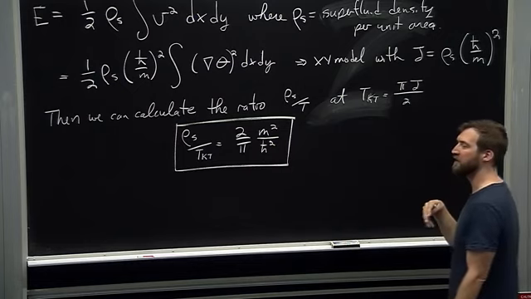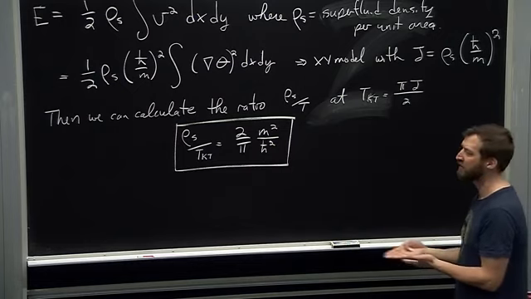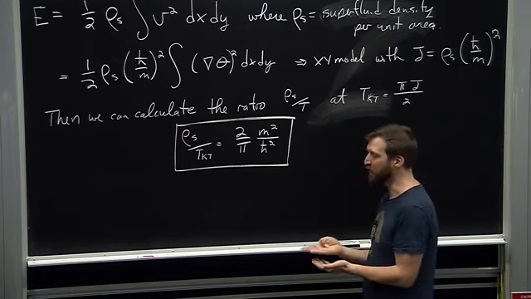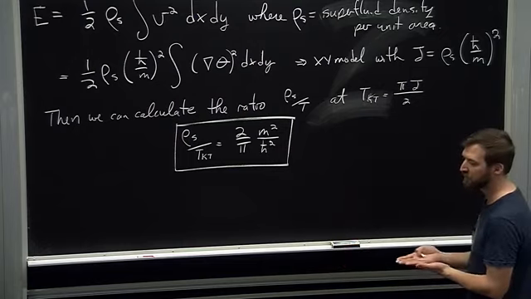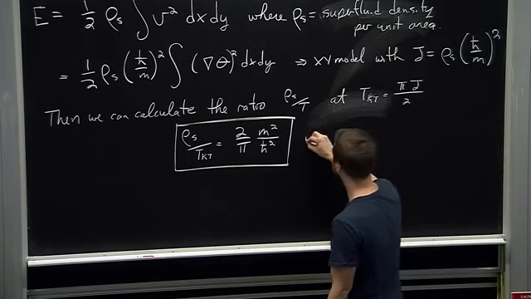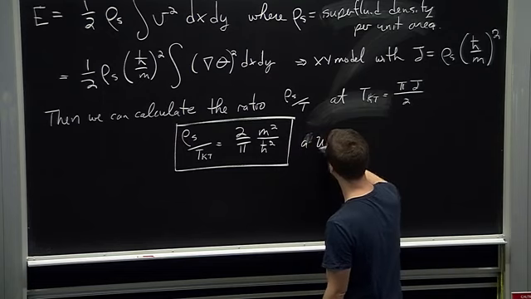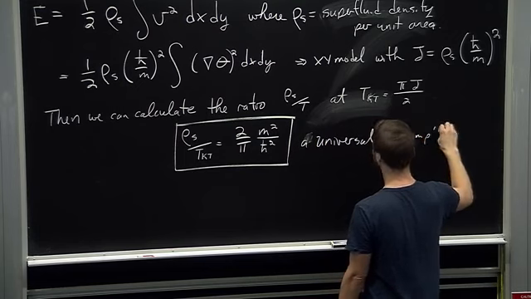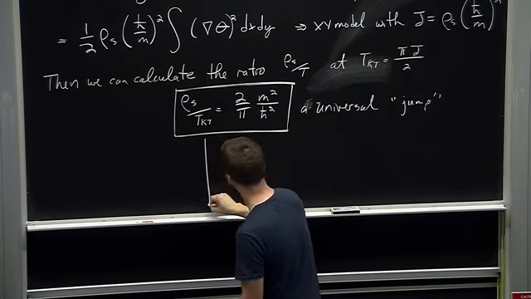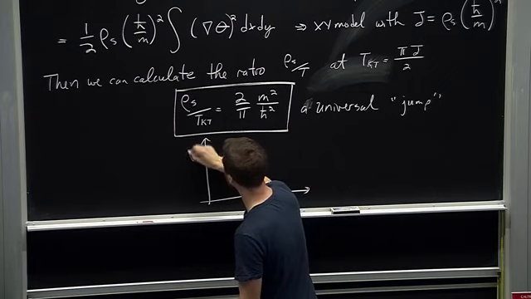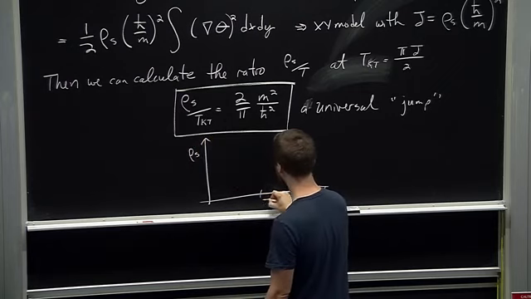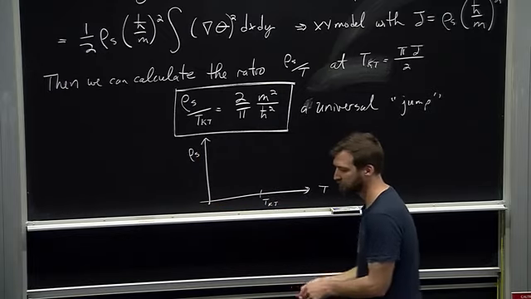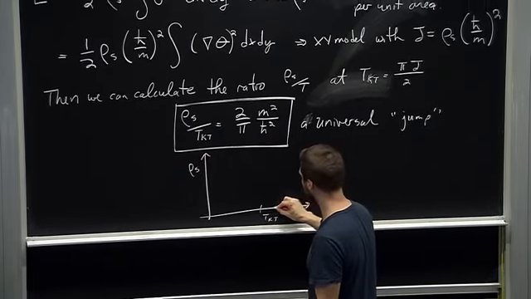So above the Kosterlitz-Thouless temperature, basically there's no superfluidity. So the superfluid density is 0. So that's why it's a jump. So it looks like rho s versus T, T_KT, and you're moving along here.